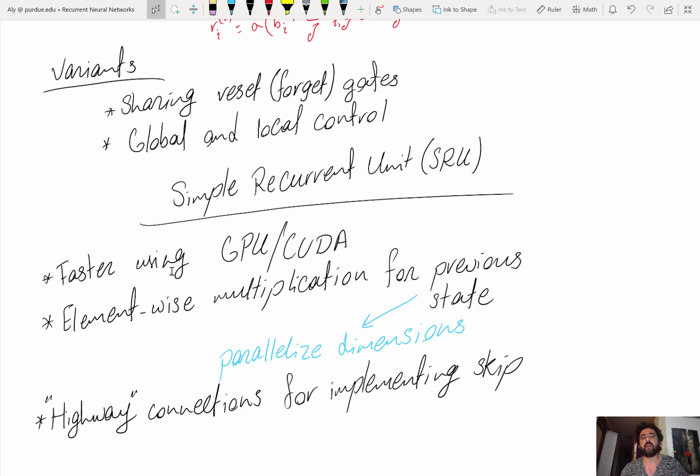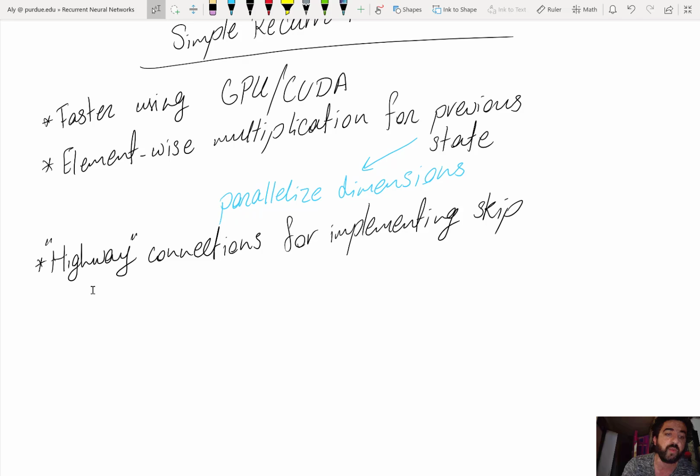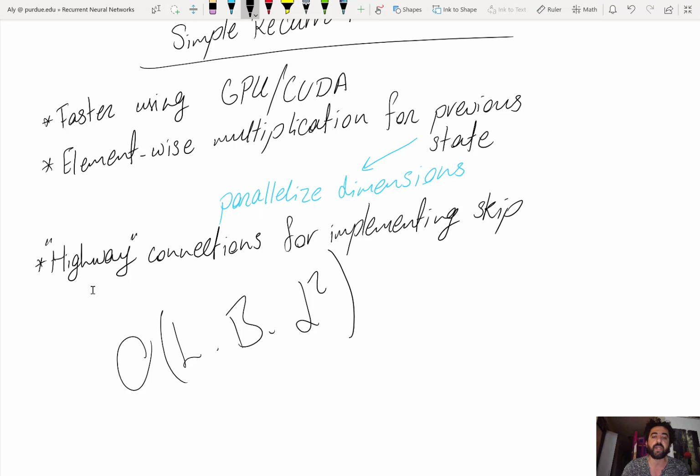For example, in an LSTM, the computation is order L, which is the length of the sequence, times B, which is the batch size, times D squared, where D is the dimensionality of the state vector. For the SRU, it's order L times B times D, right?